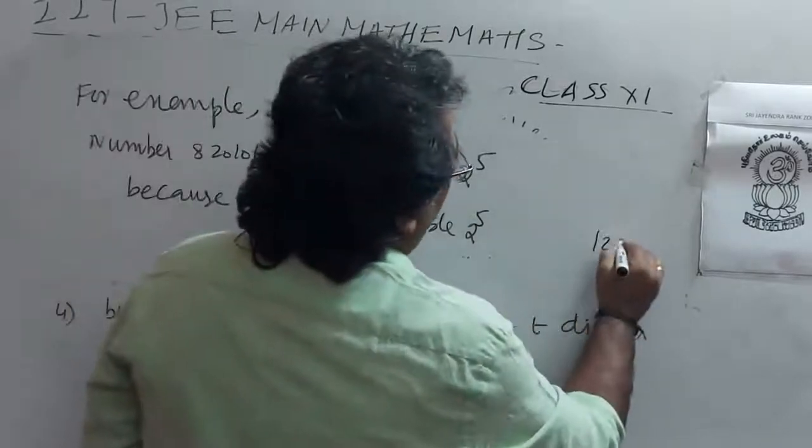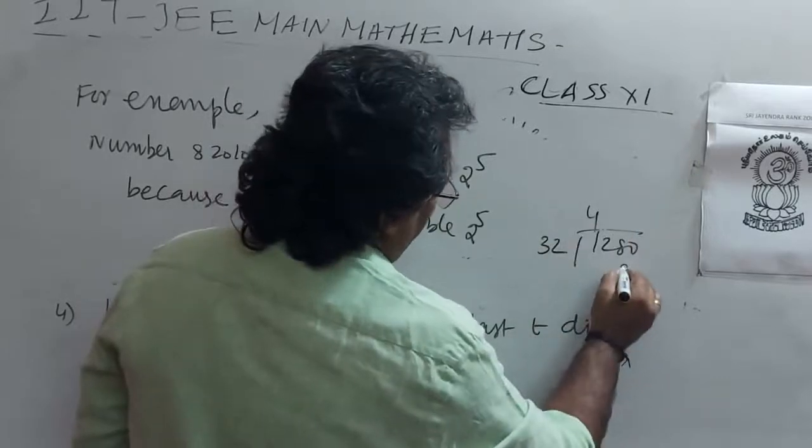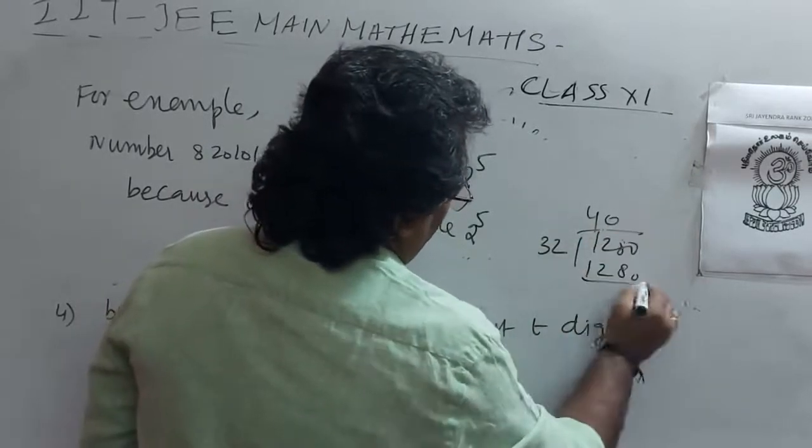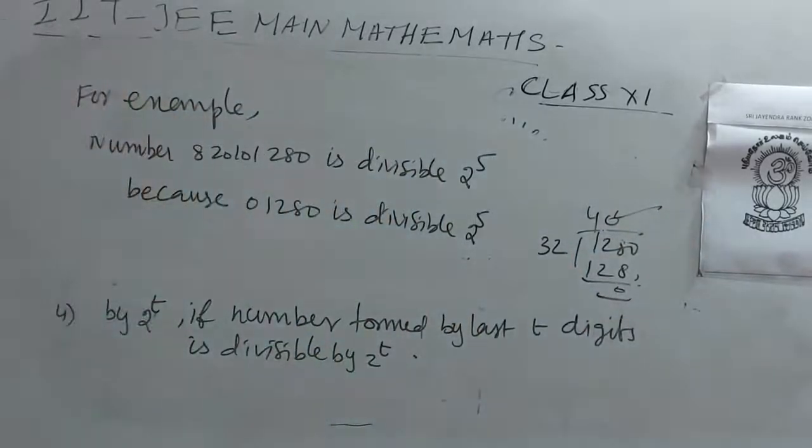That is, 12800 divided by 32. So it is divisible by 2 power 5.